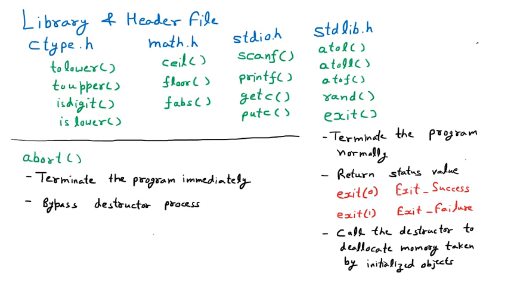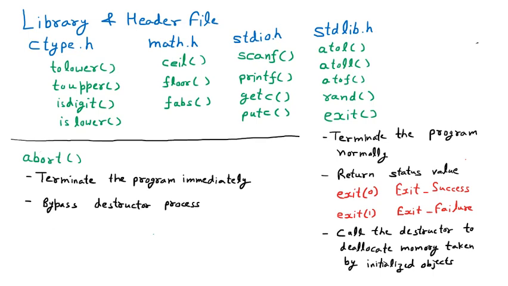Now what is the process of the destructor? Deallocating the memory of initialized objects. So the process of deallocating the memory is not done in the case of the abort function. It bypasses the destructor process. If you have declared some variables or are using some temporary files, then those files will remain as they are, but your program will exit with the help of the abort function.